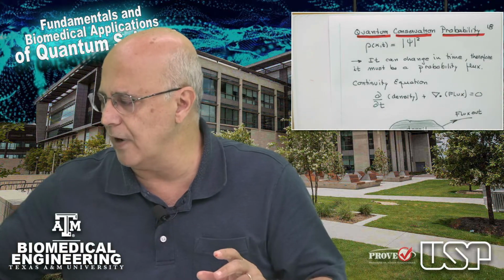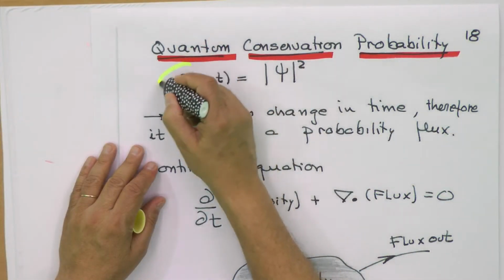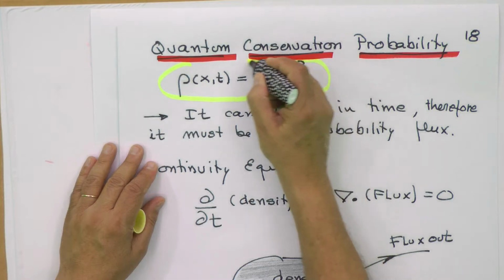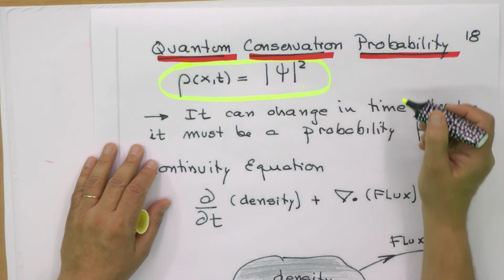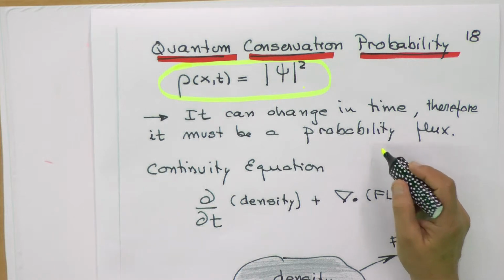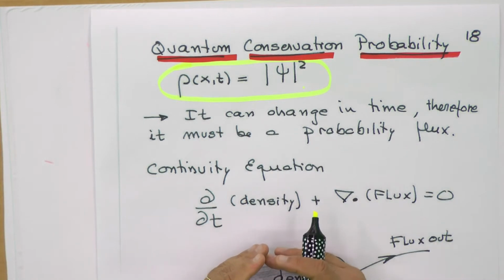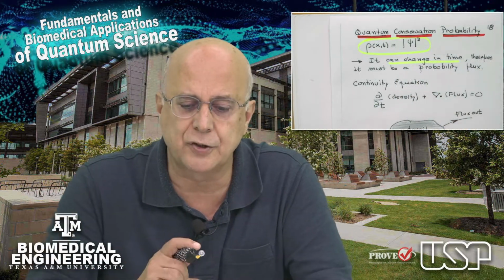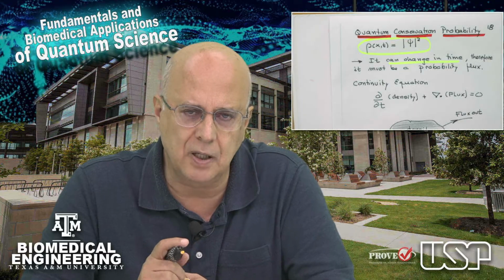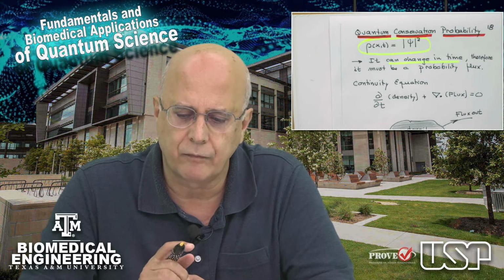We learned from the very beginning of the interpretation of the wave function that the density of probability is actually the wave function squared, the modulus of the wave function squared. And this modulus squared can be stationary, but can change in time. When it's changing in time, it means that the density of probability is not being conserved.